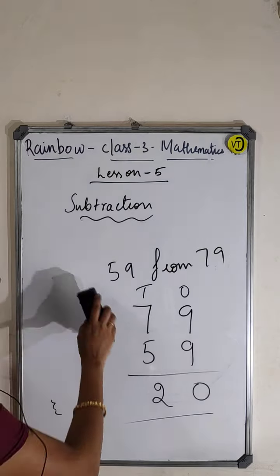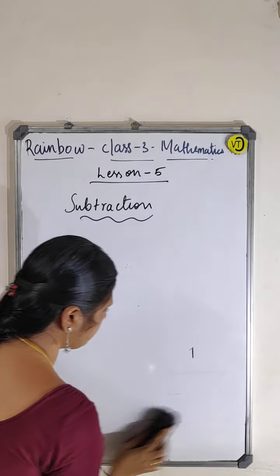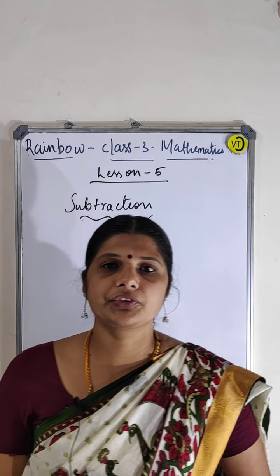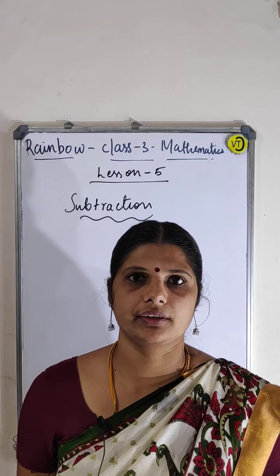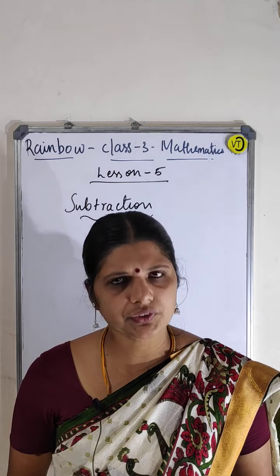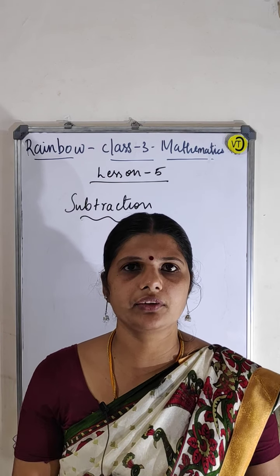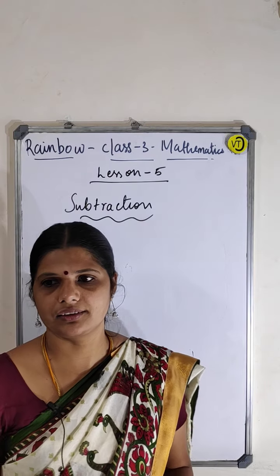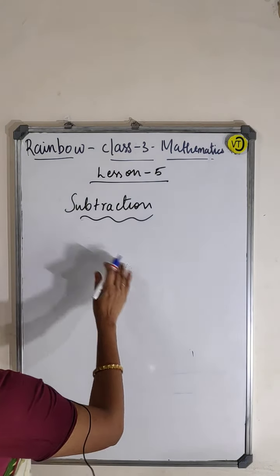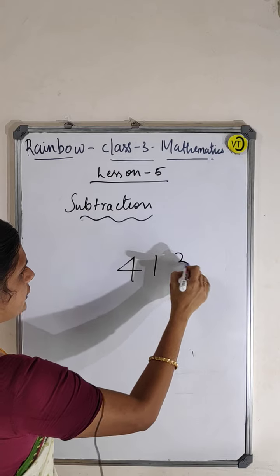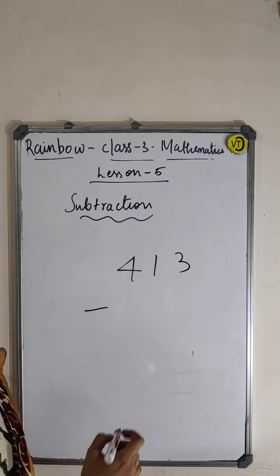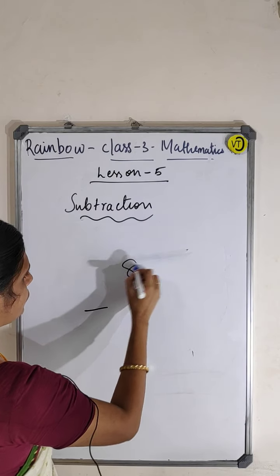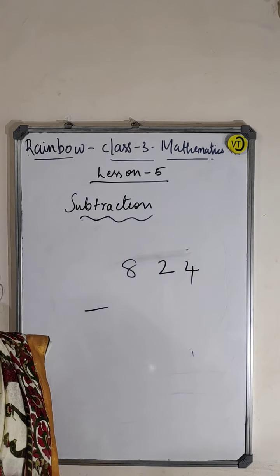Now, subtraction of 3-digit numbers without regrouping; it is very important. With 3-digit numbers without regrouping, it is the very same as what you have done with 2-digit numbers. It is 824 minus 413.